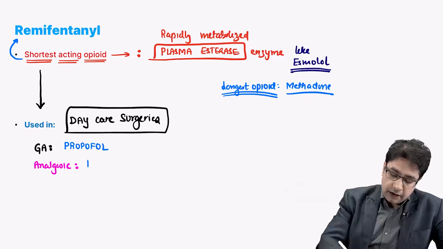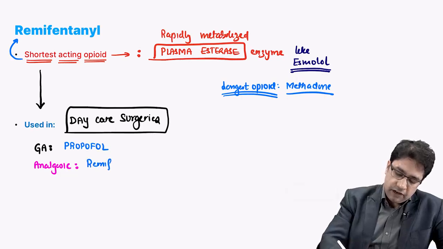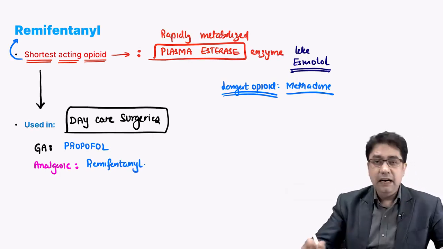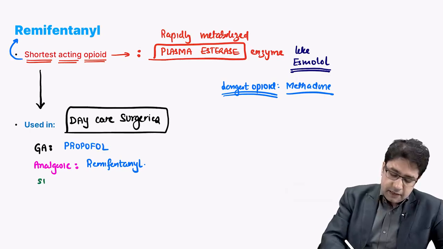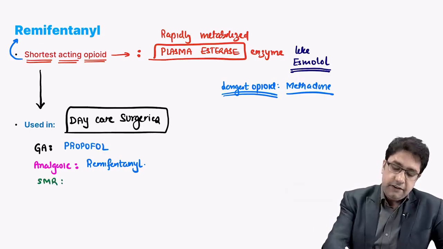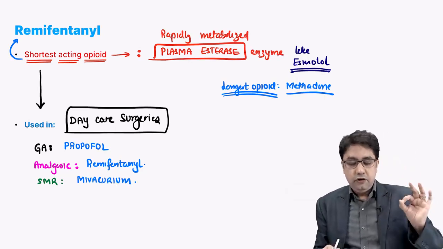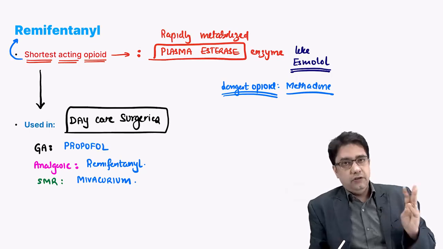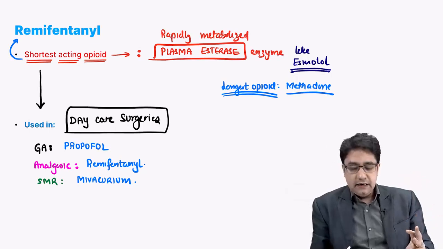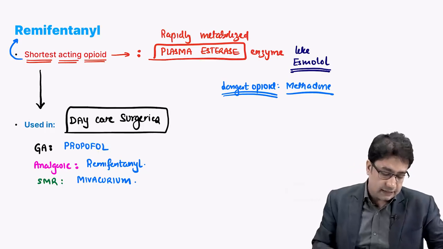So, what is the analgesic drug of choice during daycare surgery to relieve pain? That is remifentanil. So, remifentanil is combined with propofol. Similarly, which skeletal muscle relaxant can be given in daycare surgery? Very short acting drug, mivacurium. So, these are the respective drugs used during daycare surgery: general anesthetic, analgesic, and skeletal muscle relaxant.